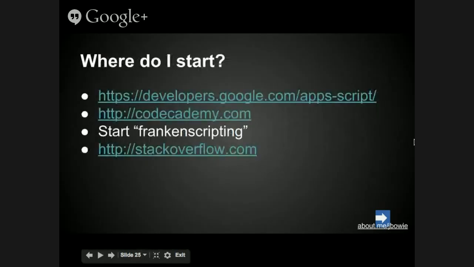Okay, so real quick, this is how I learned. I started Frankenscripting, which is going to Stack Overflow and reading questions people had asked and having just enough knowledge to say, okay, this part of the script is doing this. So if I take this and copy and paste it into my script, then my script should do that.